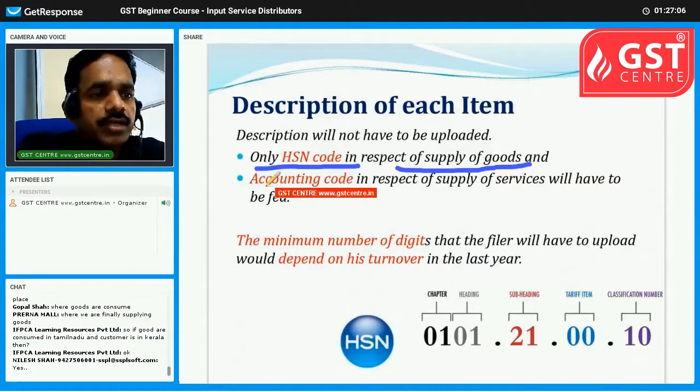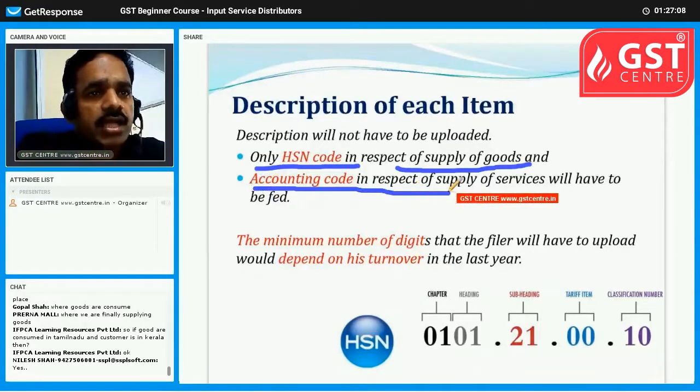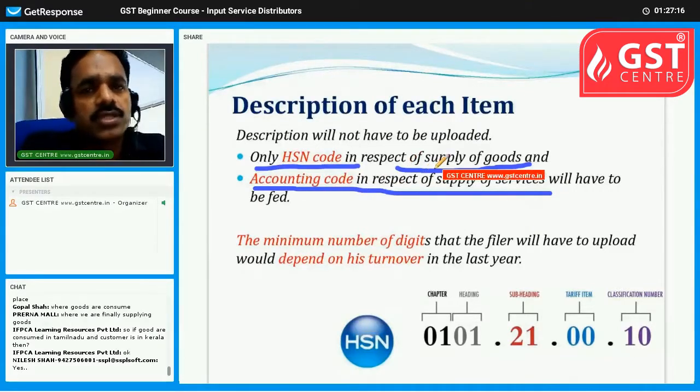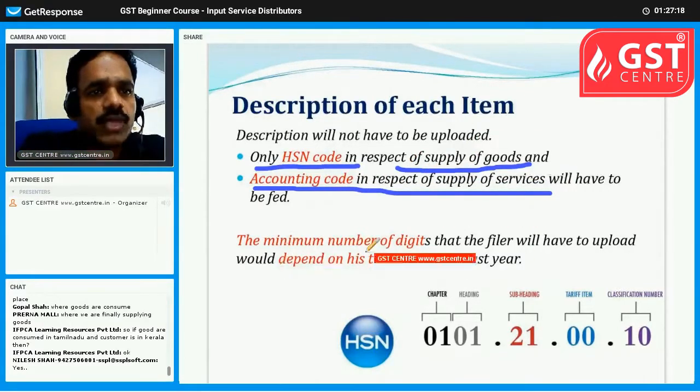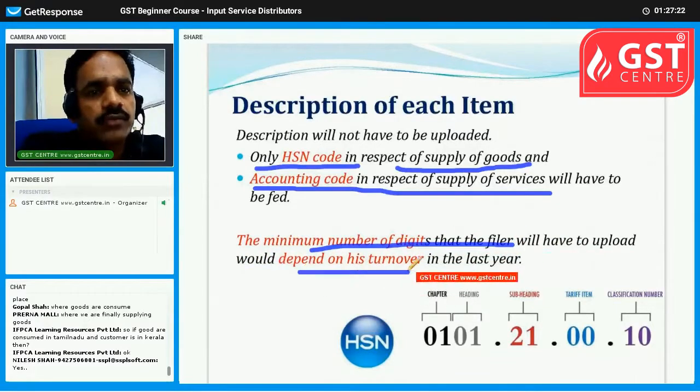That code should be used, and there is an accounting code in respect of supply of services. So there is a service accounting code, SAC, that should be used for services, and the minimum number of digits that the filer will have to upload will depend upon his turnover in the last year.